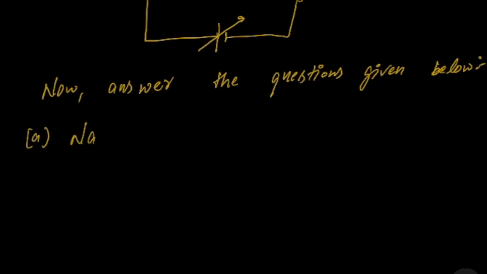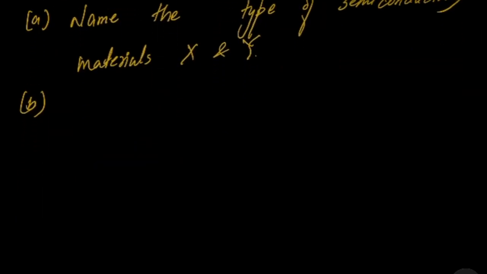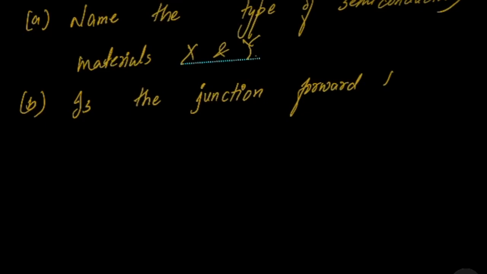A is: name the type of semiconducting materials X and Y. B is: is the junction forward biased or reverse biased?